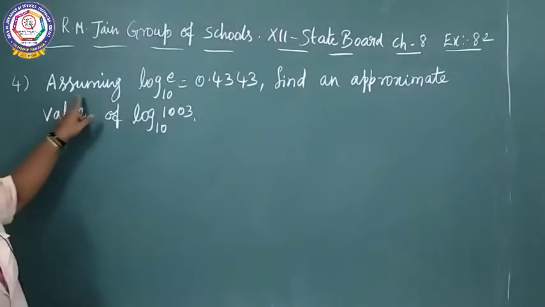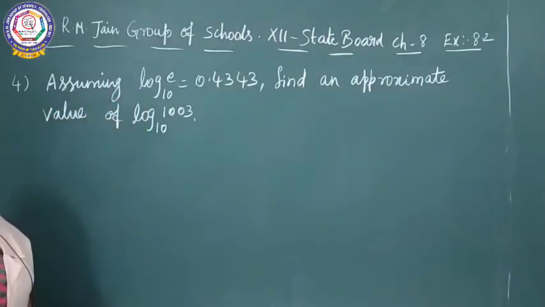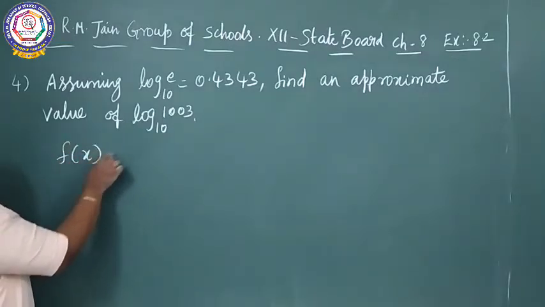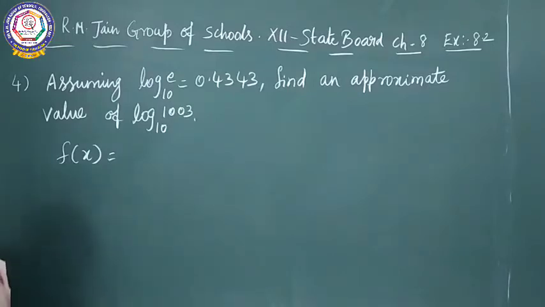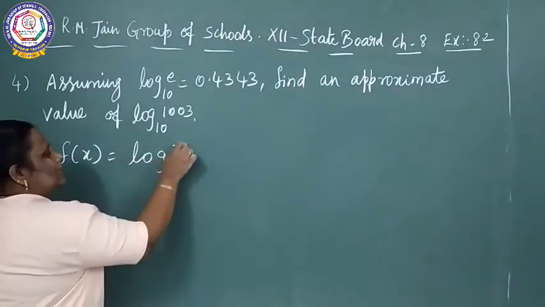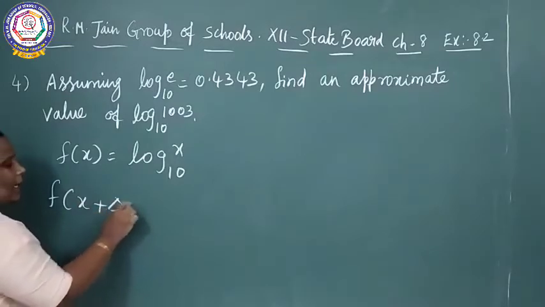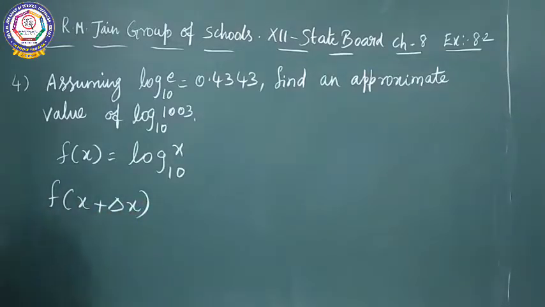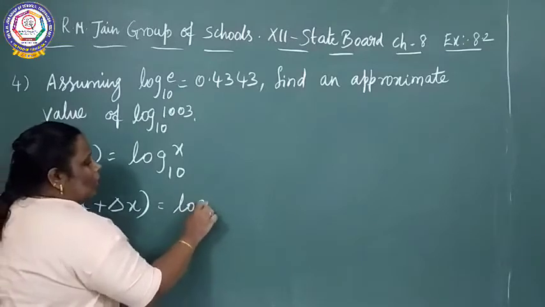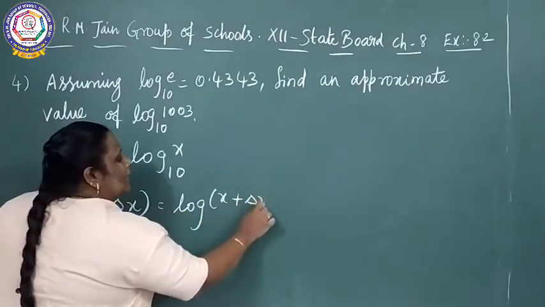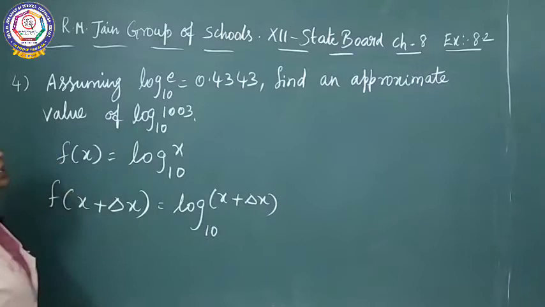See the fourth sum. Assuming log e base 10 equals 0.4343, find an approximate value of log 1003 base 10. First, take f(x) = log x base 10, so f(x + Δx) = log(x + Δx) base 10.